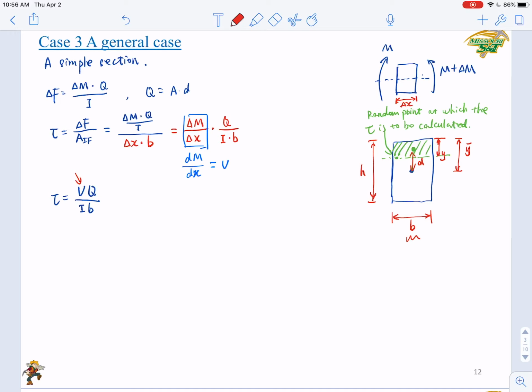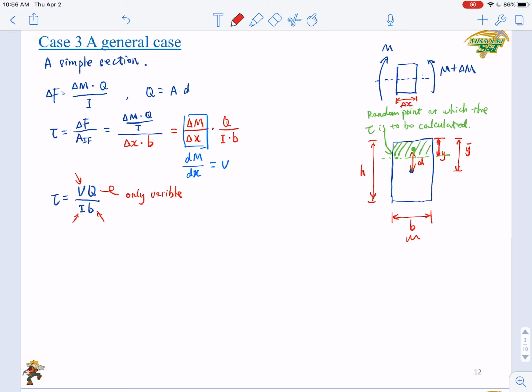The I, of course, is a constant, and the B is also a constant. So the Q in this equation is the only variable. So the variation of Q determines the variation of tau. So later we can examine the directions of the tau, the shear stress.